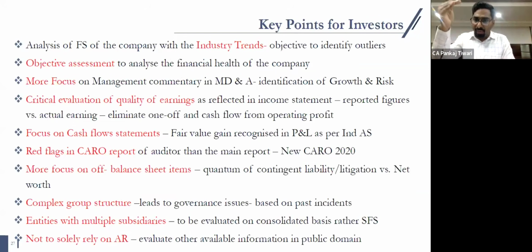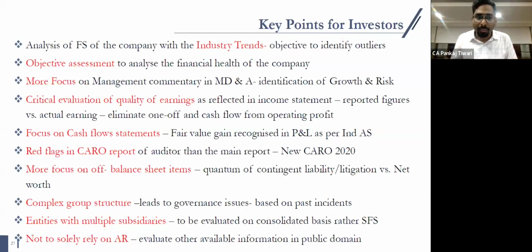Now, if I have to just conclude and give you some key points for an investor to look at, before I hand over to my friend to discuss some of the case studies. One is that please compare the financial statement of any entity with the industry trend. You should always have the financial information available with you.